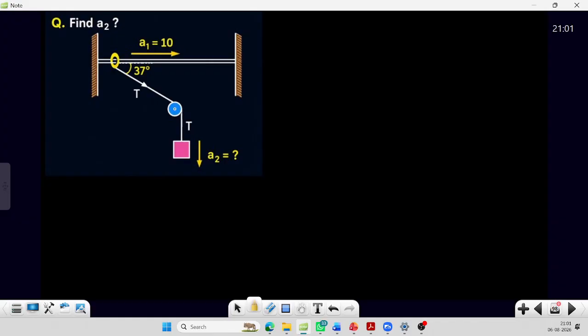Minus 6, that's right. Yes, here we have 10T into 4 by 5, 10T into cos 37, minus T into A2 equal to 0.